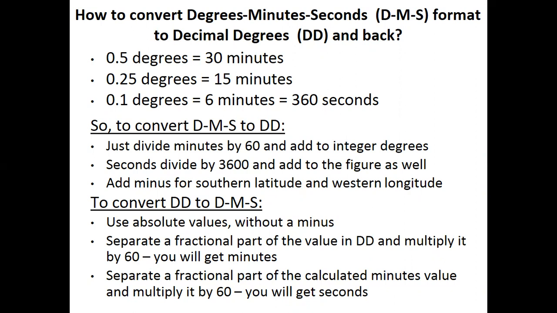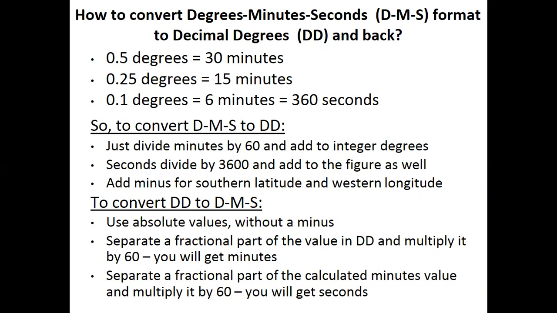If you would like to convert minutes to the decimal part of degrees, you just divide minutes by 60, add to the integer degree, and do the same with seconds, and you will have two decimal figures.